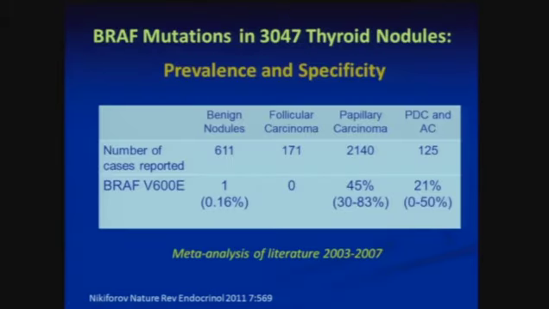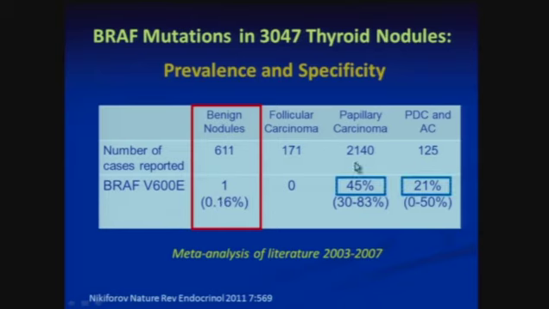One of the most extensively studied mutations is the BRAF mutation. And this very nice meta-analysis that was published in 2011 looked at over 3,000 nodules that had been studied to date. And you'll note that in the benign category, there was only one positive test out of this entire category of benign nodules that expressed this particular mutation, and this was thought by many to be a lab error.